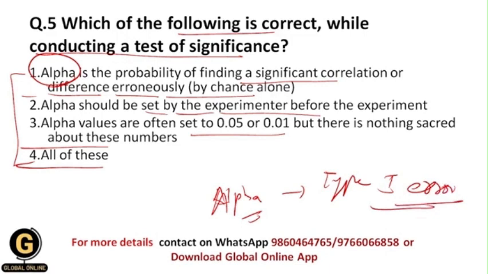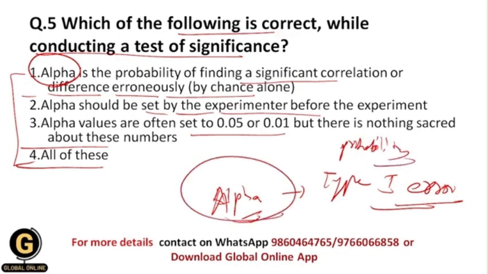So the probability of occurring type 1 error is called alpha, and that's why ultimately alpha is the probability of finding a significant correlation or difference erroneously. All of you getting? Because this is the probability of occurring a type 1 error.